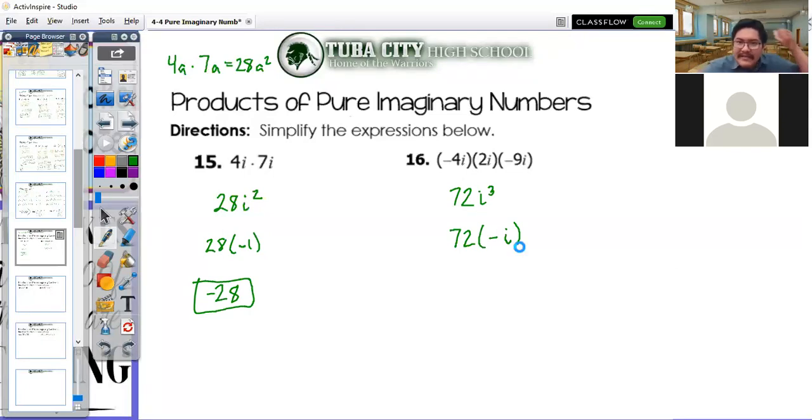All right, it looks like it's coming back. There we go, negative 72i. All right, and like I said, I'm going to try to keep things moving along. I don't want to spend too much time here because, again, we're losing a lot of time.